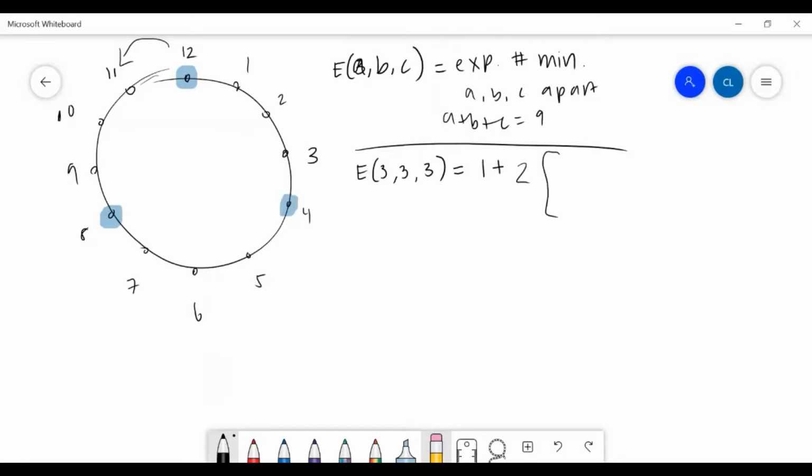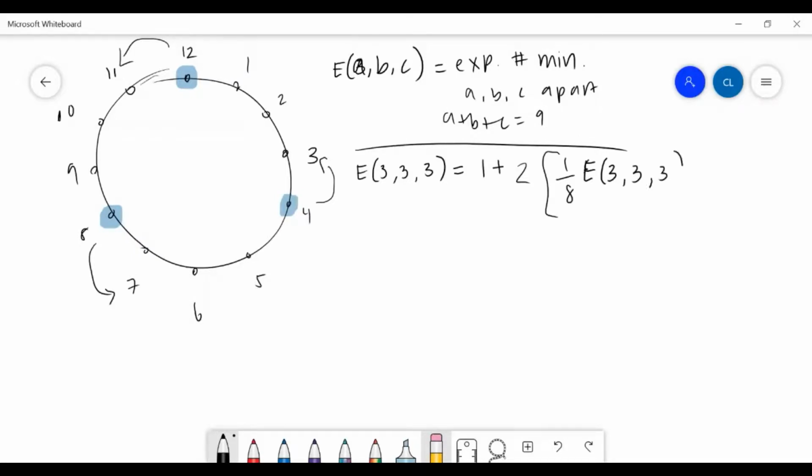Okay, so if the frog at 12 goes to 11, then the frog at 8 can go to, let's say, 7. And then the frog at 4, if it goes to 3, then we'll get 333 again, with 1/8 probability.